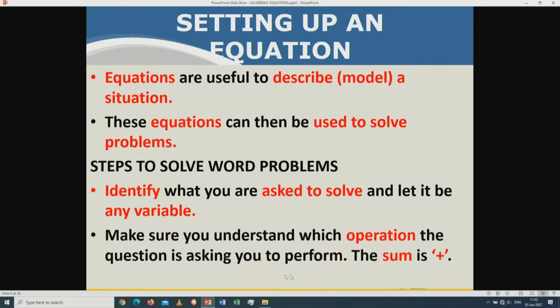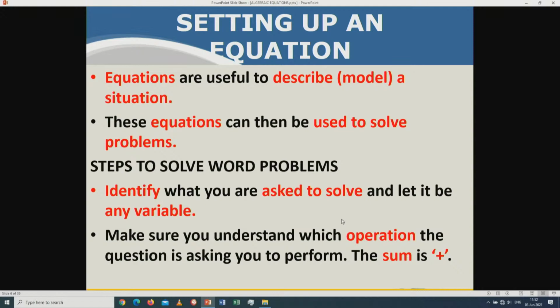Right. And then secondly, you need to make sure you understand which operation the question is asking you to perform. For instance, when the question states the sum, it refers to addition, the positive. When the question states the difference, it means subtraction, or we are going to subtract.